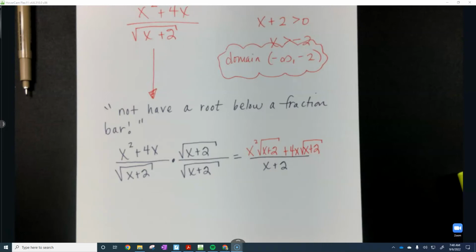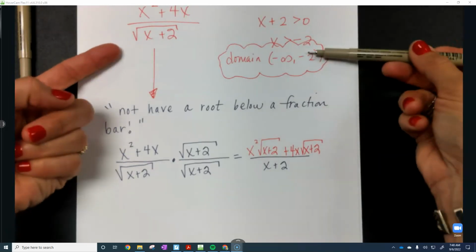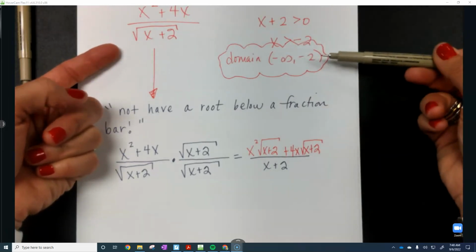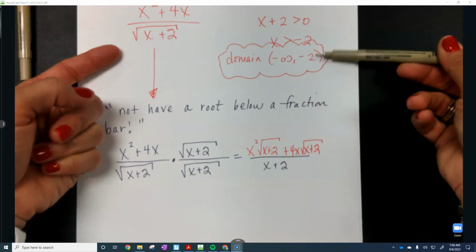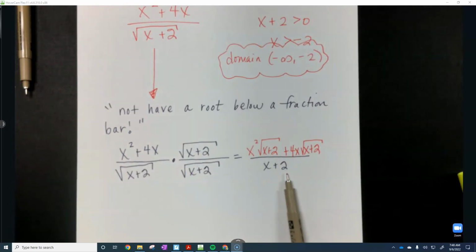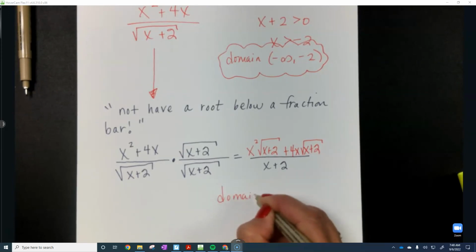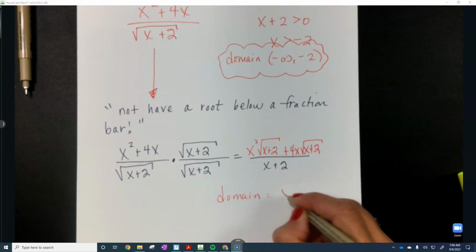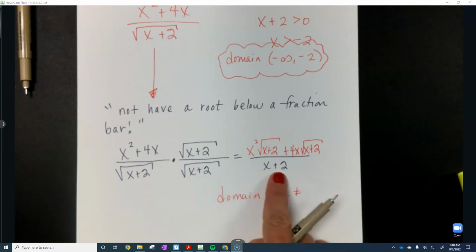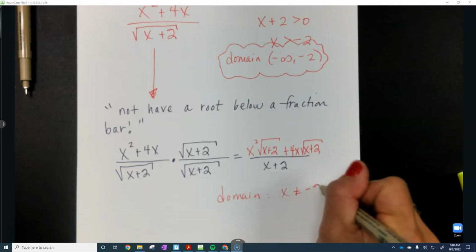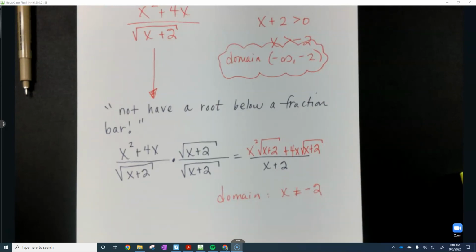And now, if you guys remember, we had a restricted domain, negative 2 to infinity. However, when we rationalized, did our denominator change? Yes, it's not in the square root symbol anymore. So notice that this now has a domain of everything except x not equaling a negative 2. So we know it can be negative infinity all the way up to negative 2.